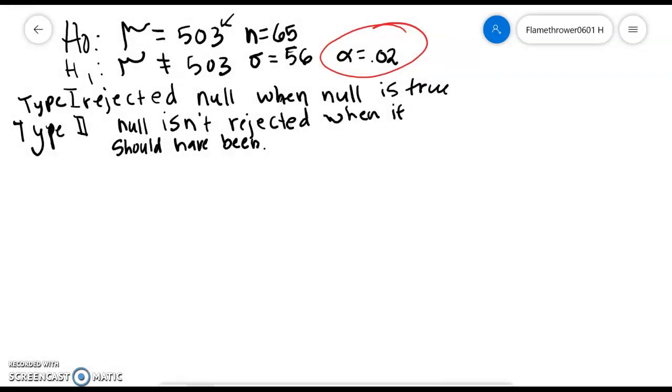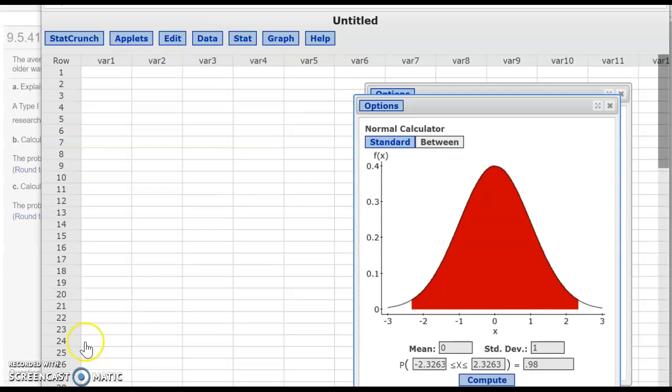To get our z-value for our critical means using technology, we know that we want our alpha to be 0.02. So if you type in 0.98 here, because 1 minus 0.02 would give you 0.98, this will give you your z-values to help calculate your critical mean. So now we know our critical z values are plus or minus 2.33.